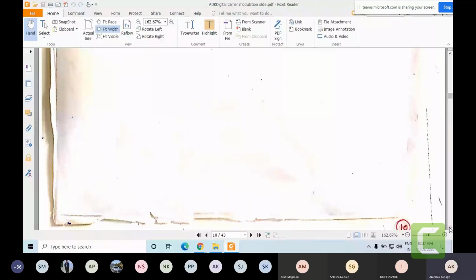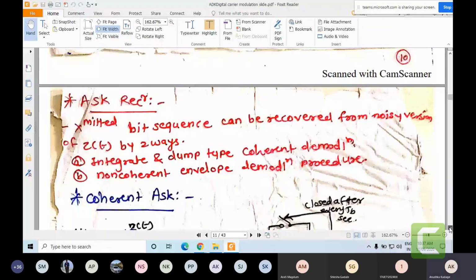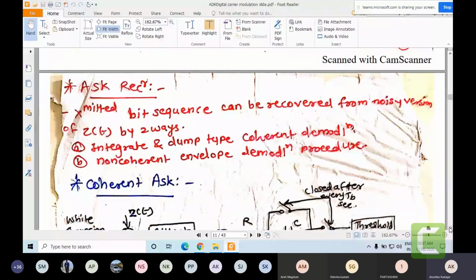So after this, we are going for the ASK receiver to be seen. But if you remember, at the starting when I started this unit, I told you that digital carrier modulation is classified as binary signaling scheme or MRA signaling scheme. That classification is based on how many signals, out of those signals, which signals I am going to transmit.